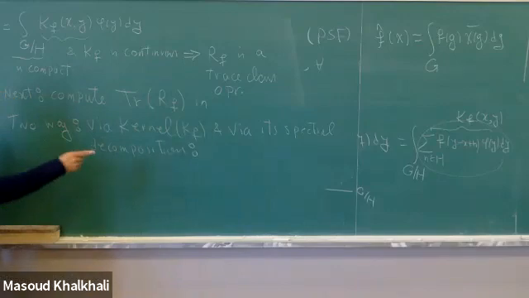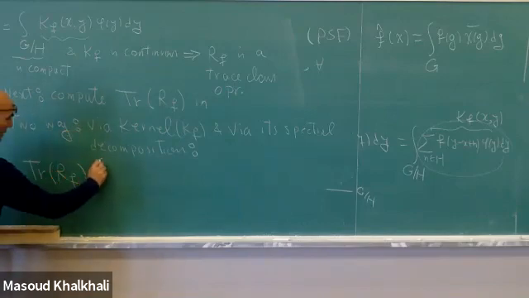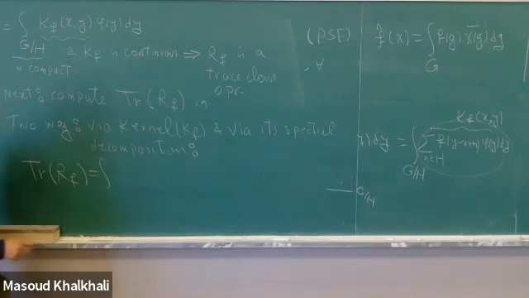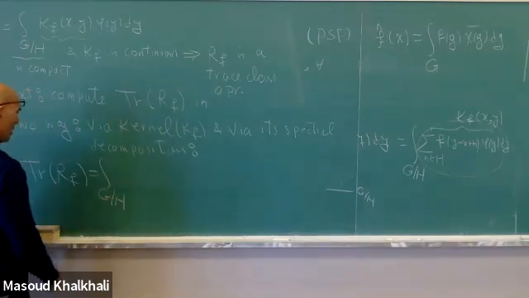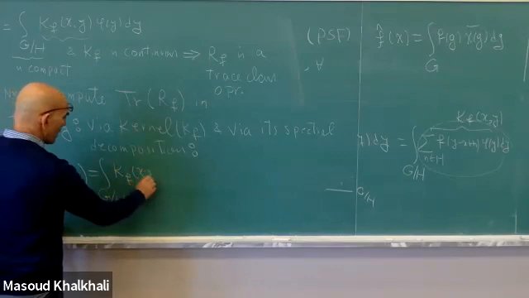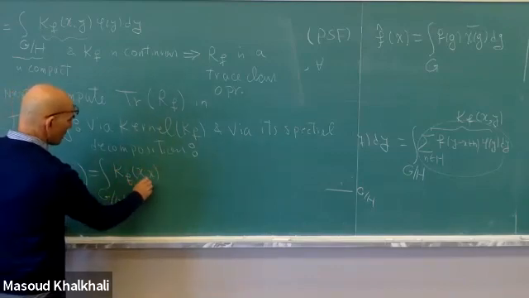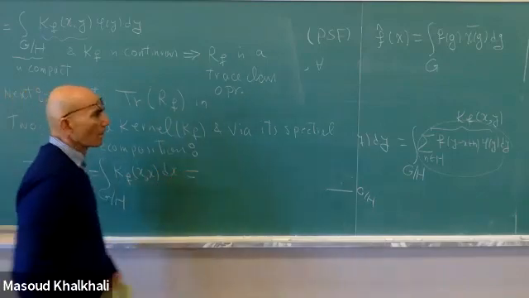If you go by the kernel, of course, the trace of R_f is equal to the integral over G over H of K_f(x,x) dx.